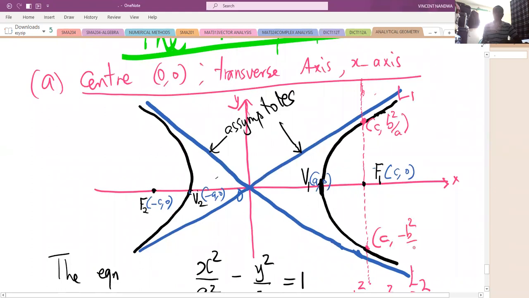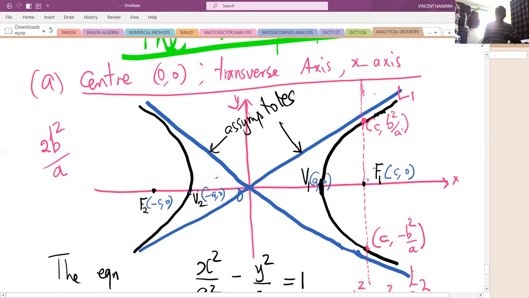So if you're asked to find the length of the latus rectum, it will be the distance from this point to this point, which is b squared over a plus b squared over a units. So the length of the latus rectum for this hyperbola is 2b squared over a. But that was not our interest.